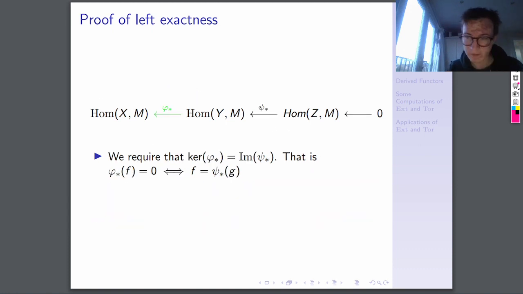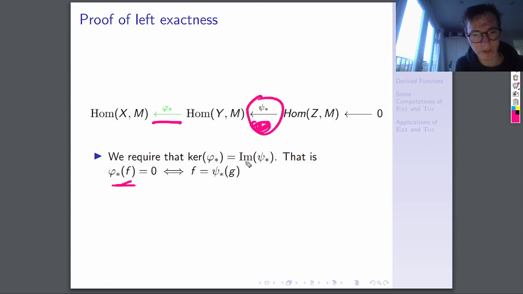And so, for the exactness at this point here, we need that the kernel of this guy here is equal to the image of this guy here. And so we require that phi star of f is equal to 0 if and only if f is in the image of this guy, basically.